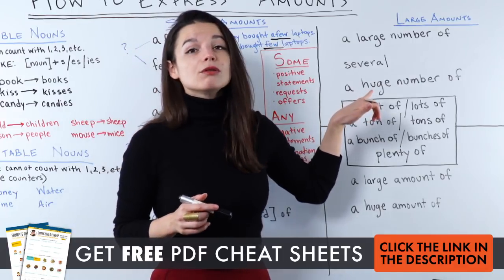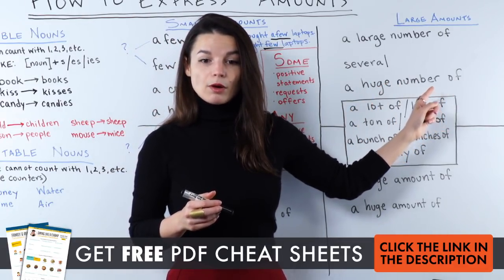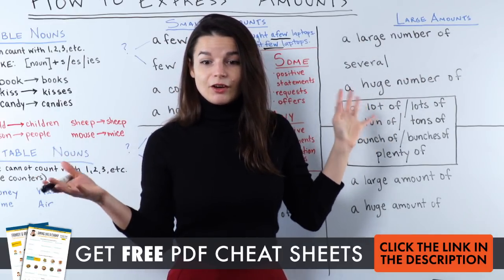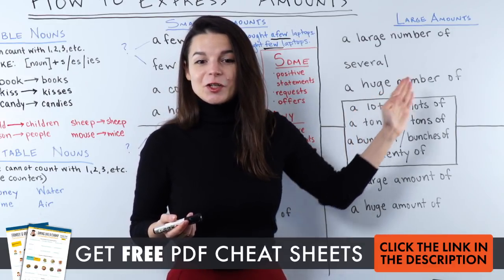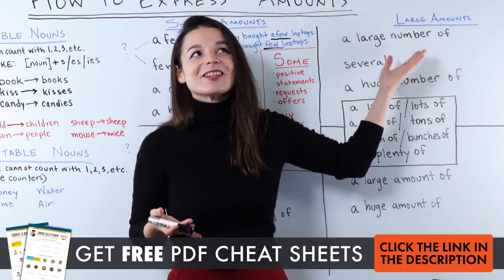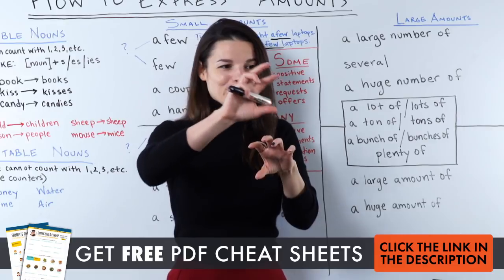Next is a huge number of. So this is more than a large number of. Huge means very, very big. Huge is larger than large. Huge is larger than big. So all of these are like a scale. So it's like large, maybe big.